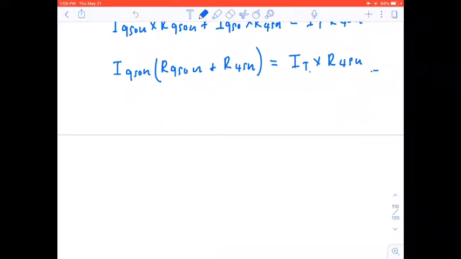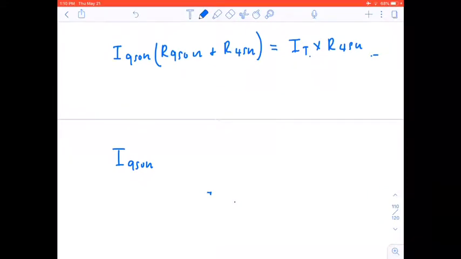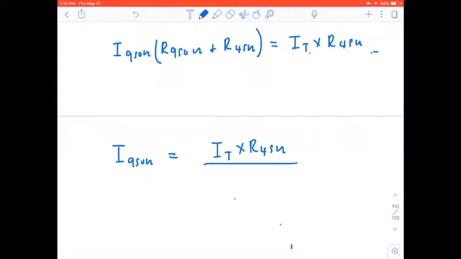Okay, so if we want to know I in the 950 ohms, that means the person that has a resistance of 950 ohms, which would then be equal to I total times R 45 ohms all upon R 950 plus R 45 ohms, right.